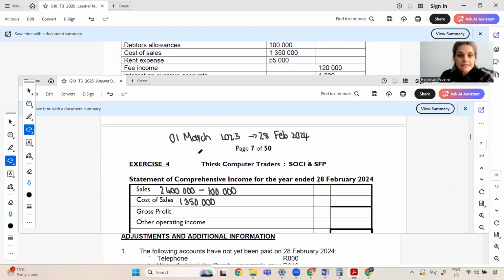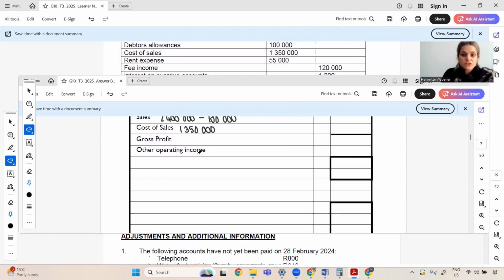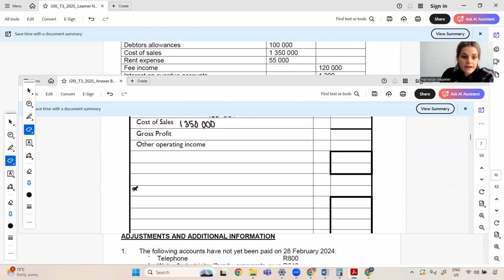Okay, next up we have rent expense. So that falls under my operating expenses. So operating expenses doesn't have to be in any specific format. So we'll start rent expense.